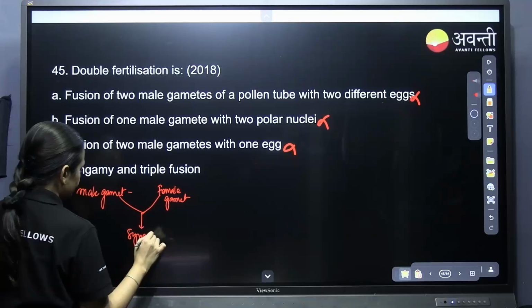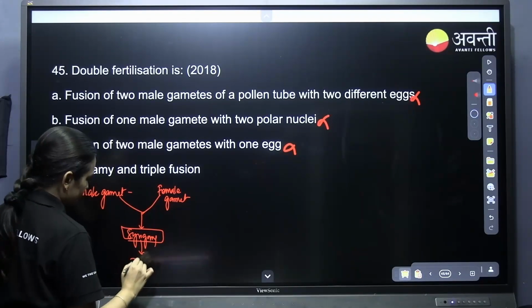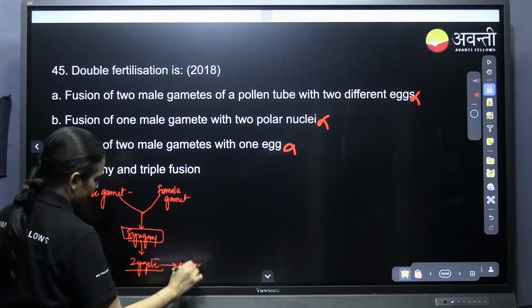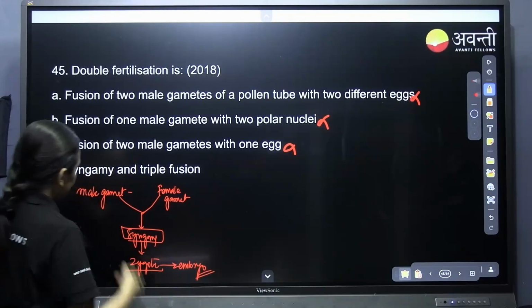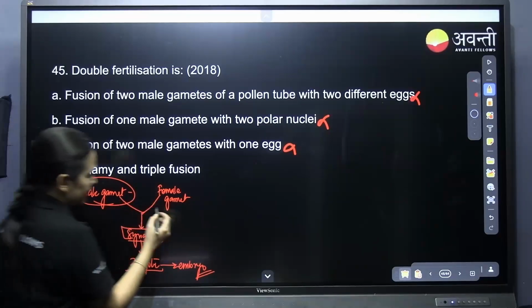Okay, this produces zygote, then embryo. Okay, this is one fertilization. Another one is triple fusion.